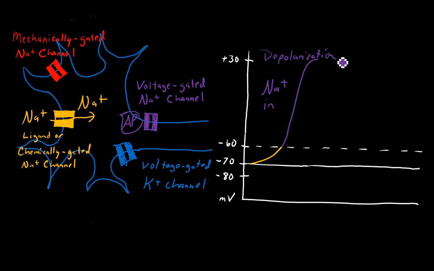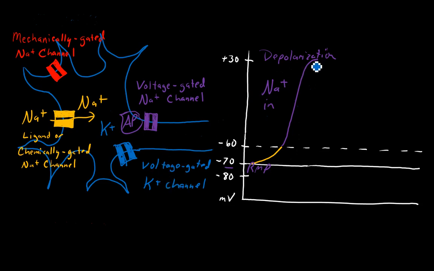So for the cell to get back to its resting membrane potential of -70, we're going to have to get rid of a lot of that positive charge. And the easiest way for the cell to do it is to allow potassium to exit. So potassium is typically an intracellular ion, and it has got a voltage-gated potassium channel on the surface as well.